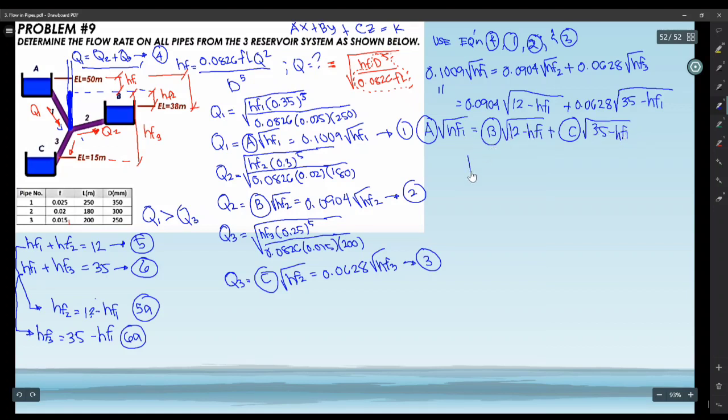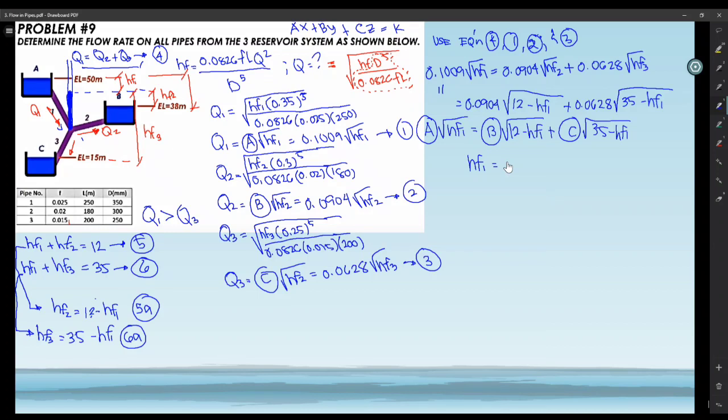So isa na lang yung unknown, di ba? So may mahanap na tayong value ng HF1. So pindutin lang natin sa alpha yan. So alpha... Sinecheck ko lang if tama pa ba yung naka-store. 0.0628.